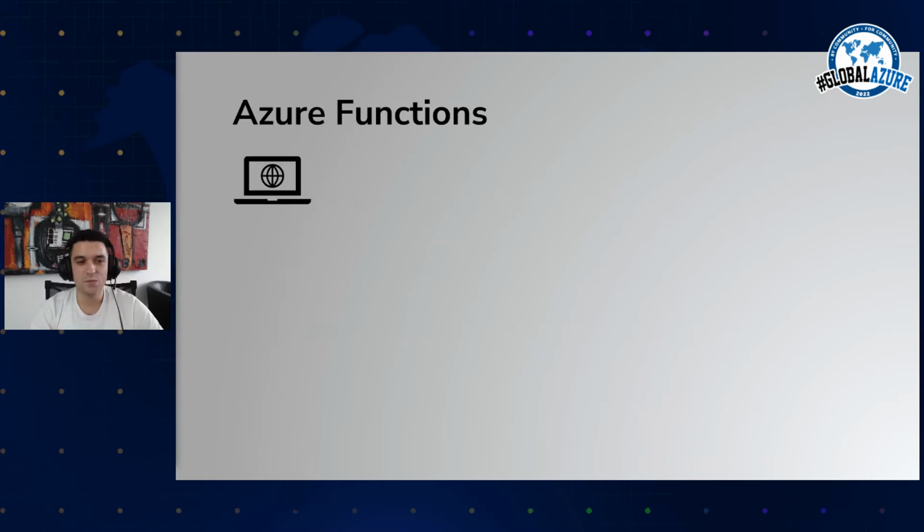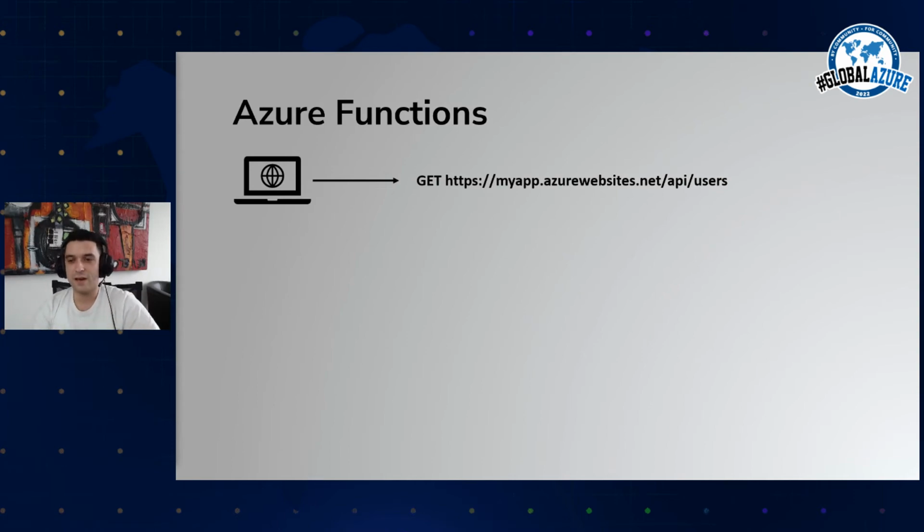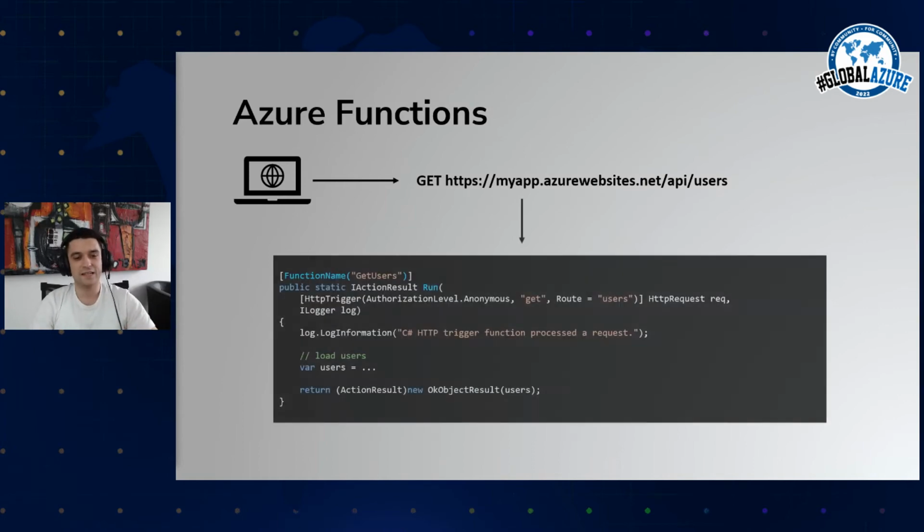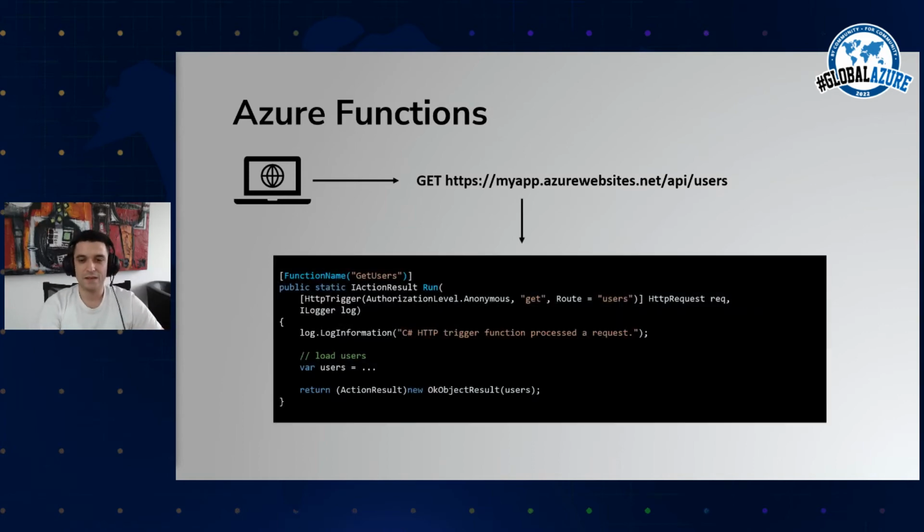Just to make this a bit clearer, on the one hand, we have some device that our app is running on, and this app initiates a web request. In this case, it makes a GET HTTP request to our Azure Function base URL, which gets /api and /users appended for querying all the users. And this call then triggers my Azure Function.